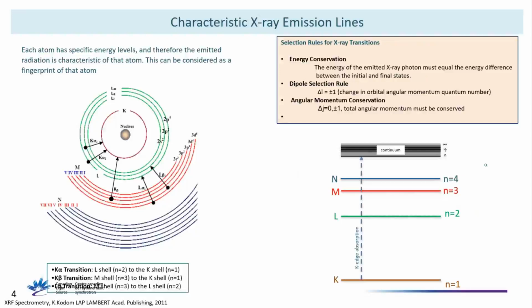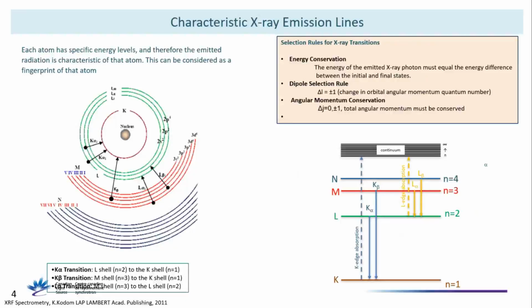For example, the transition from the L shell to the K shell is called K alpha, the M shell to the K shell is called K beta, and so on. Then there are L alpha and L beta, from the higher shells to the L shell. Here I have also listed them.